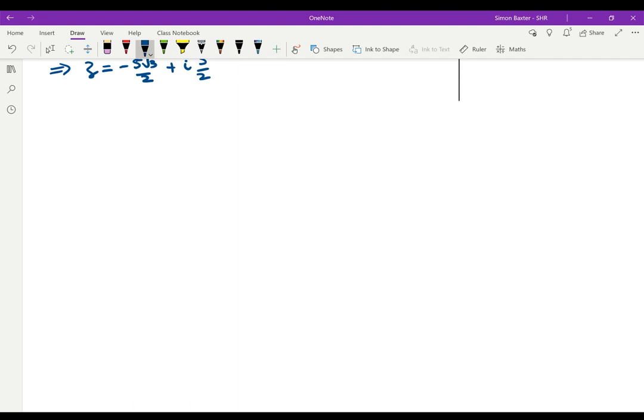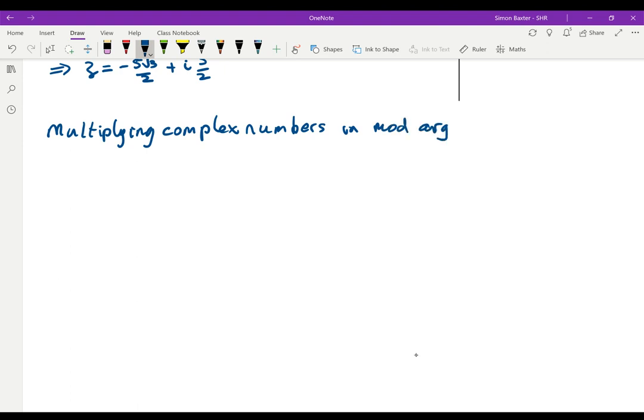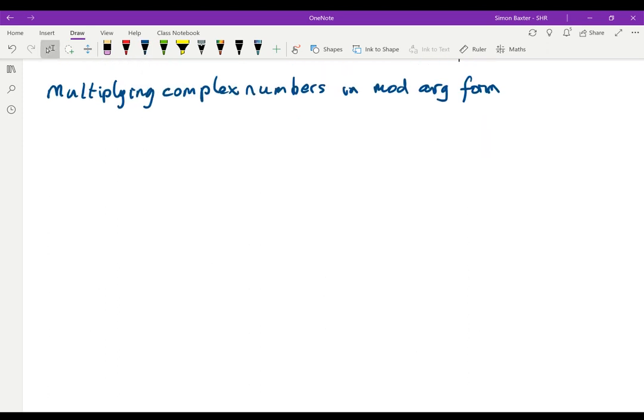Now we move on. One more little result to do, and this is what happens when we multiply complex numbers in mod arg form. Well, let's have a look.